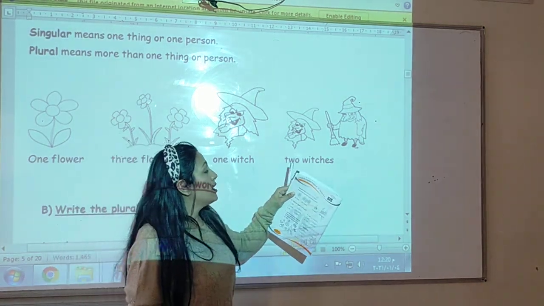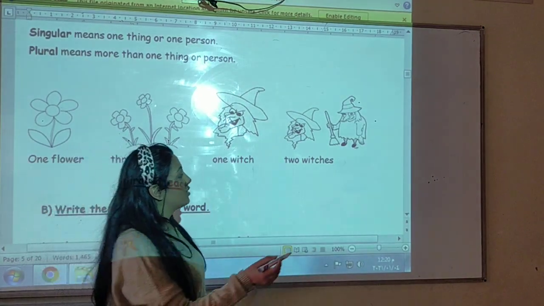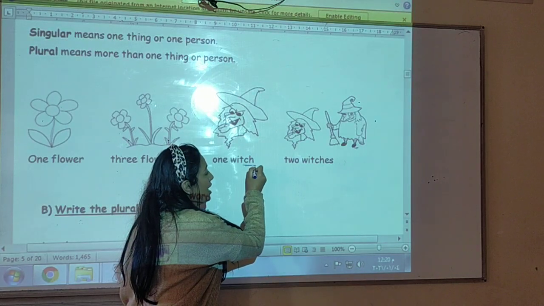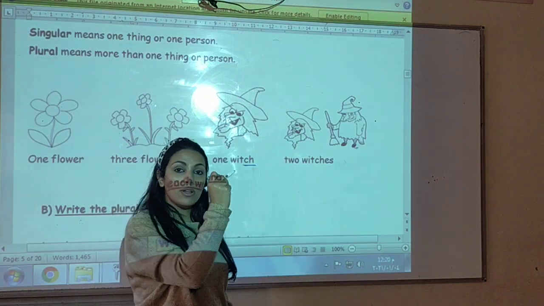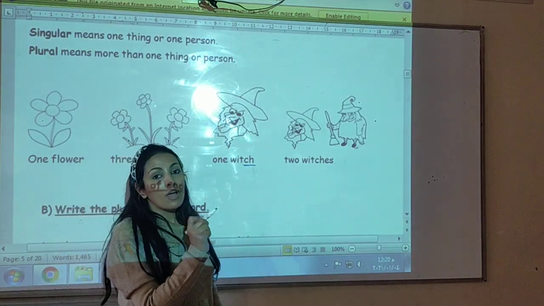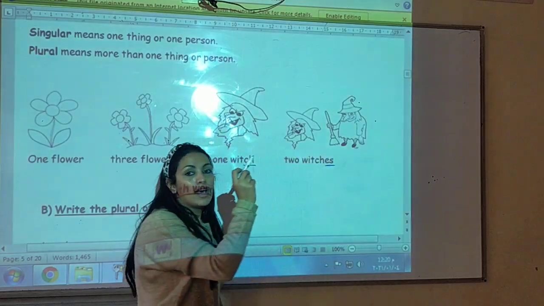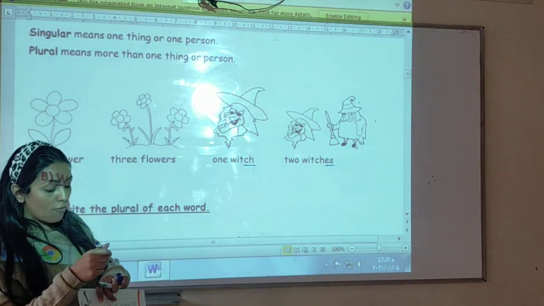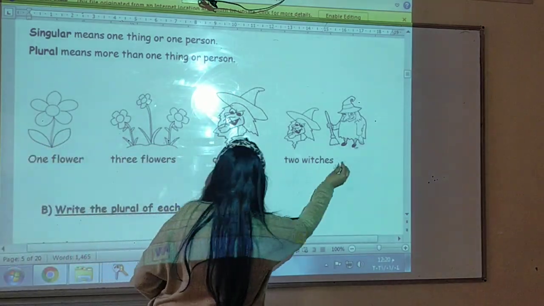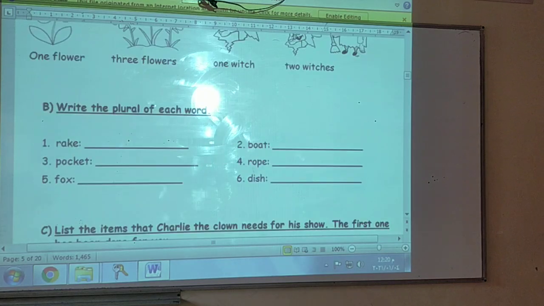When we want to make it plural, we are going to look at the last letters. Look here, it's CH. Do you remember CH is one of the exceptions? Yes. What are we going to do with the CH? We are going to add ES, not only S, because it's one of the exceptions. Next, we are going here to write the plural of each word.